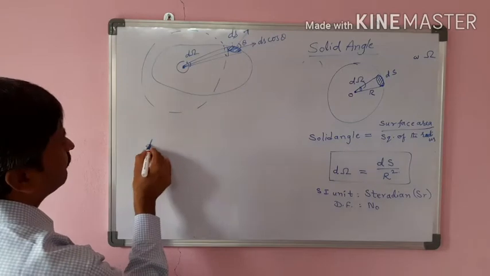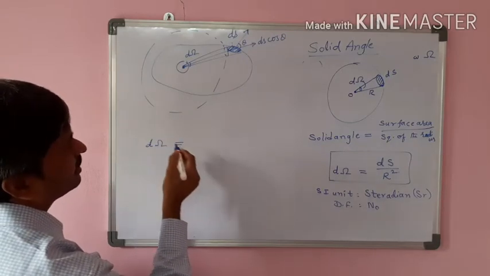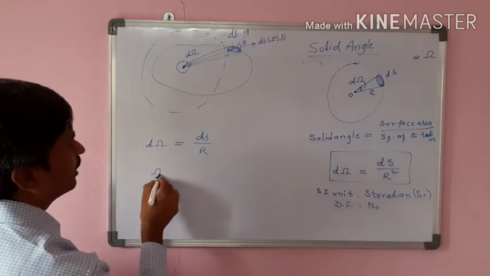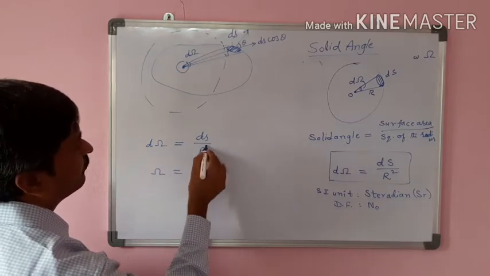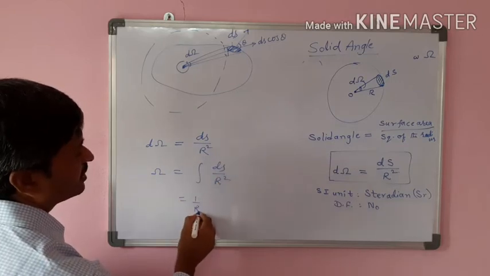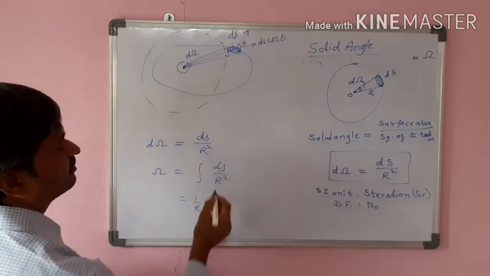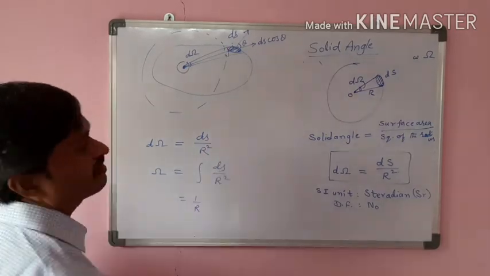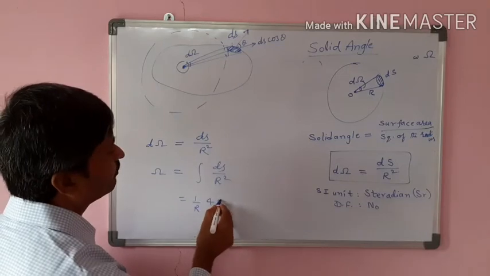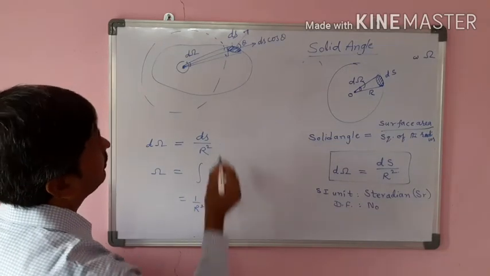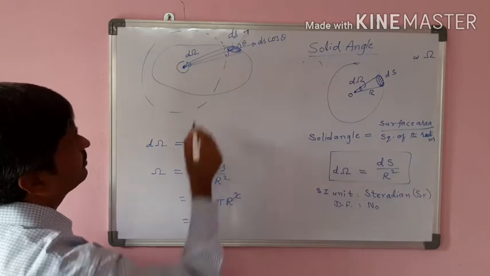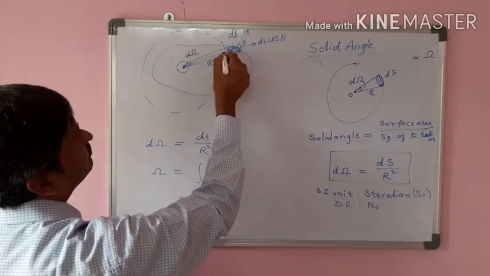Then d omega is equal to dS by r square, and omega is equal to the integral of dS by r square. 1 by r square is constant. The integral of dS cos theta, simply it forms a sphere, so we can write 4 pi, and the surface area is r square.